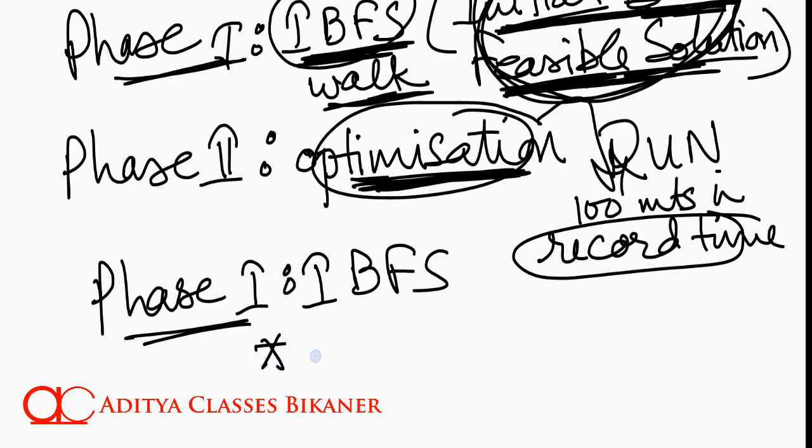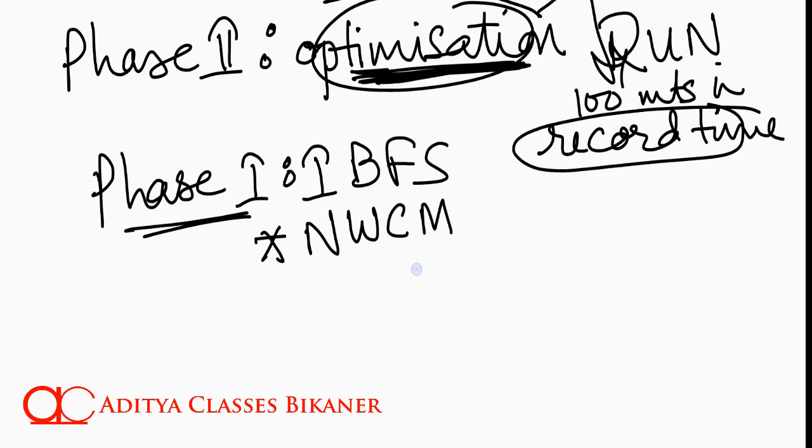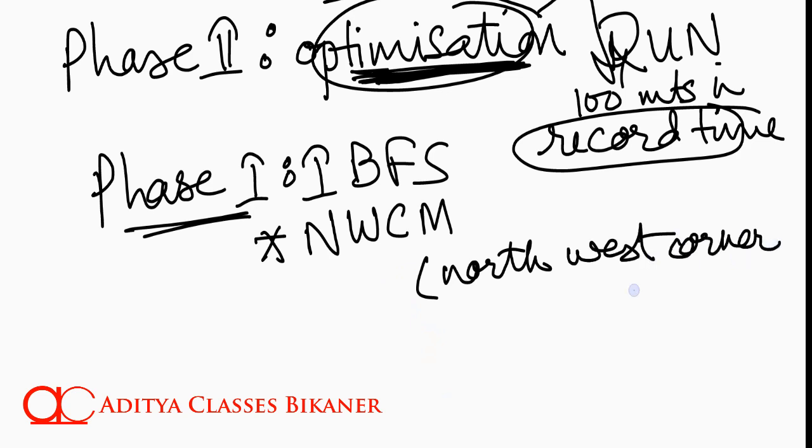First one would be NWCM, Northwest Corner Method. As the name suggests, probably it will be having something to do with north and west corner. We'll see what this is about when we get there.